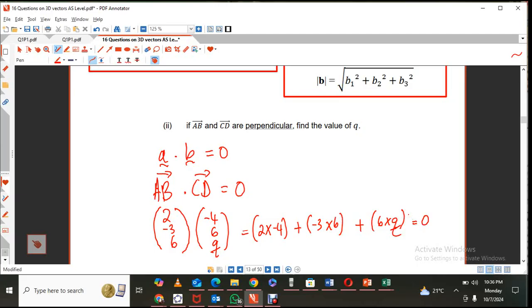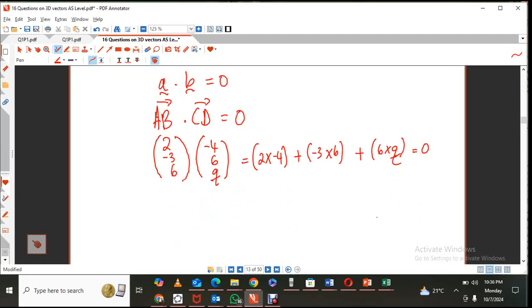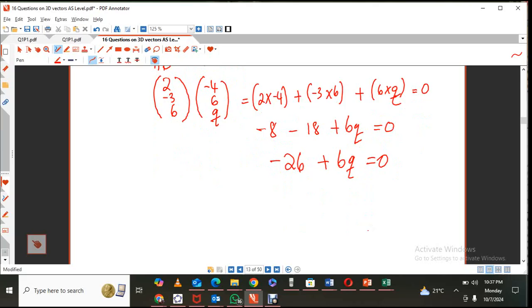Now let's just clean this up. I have -8 minus 18 plus 6Q equal to 0. So that's -26 plus 6Q equals 0. It becomes a linear equation that you can start solving. So 6Q is equal to 26.